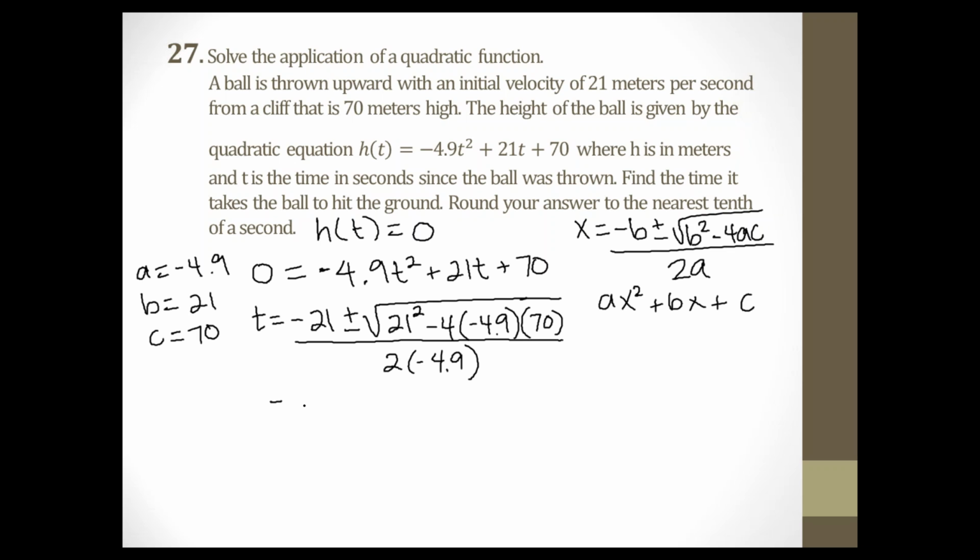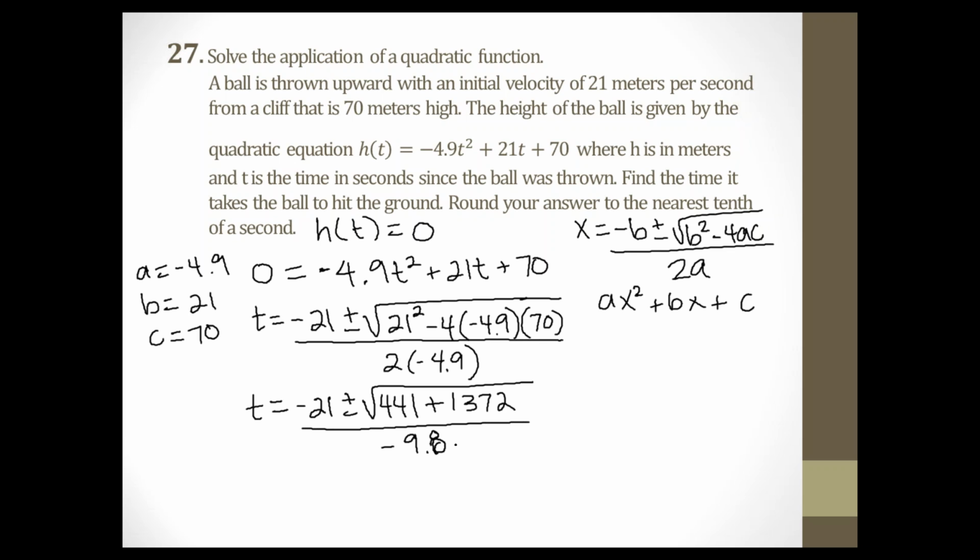So now we have negative 21 plus or minus the square root of 21 squared is 441, and then negative 4 times negative 4.9 times 70 is going to be positive 1,372, divided by 2 times negative 4.9 is negative 9.8.